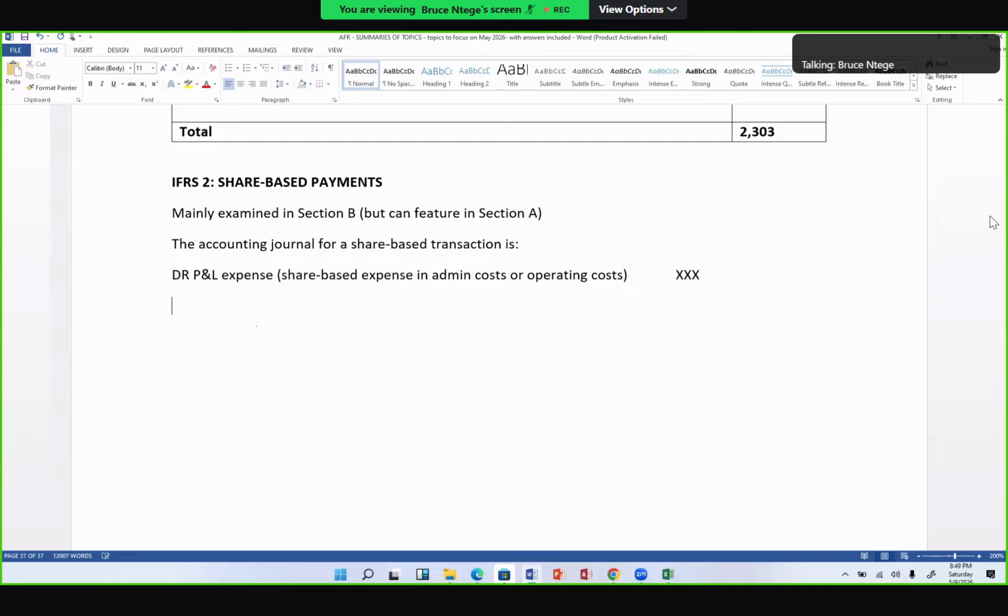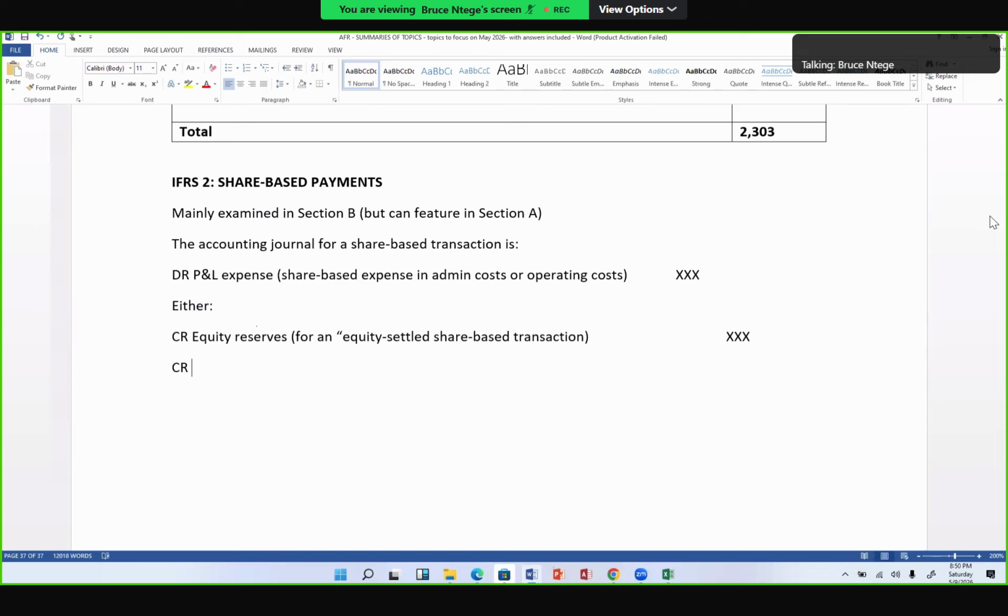The credit entry is either in the equity reserves, if this is an equity settled share-based payment transaction, or the credit is going to go to the payable, to the liability. So you are going to have a payable in the liabilities.